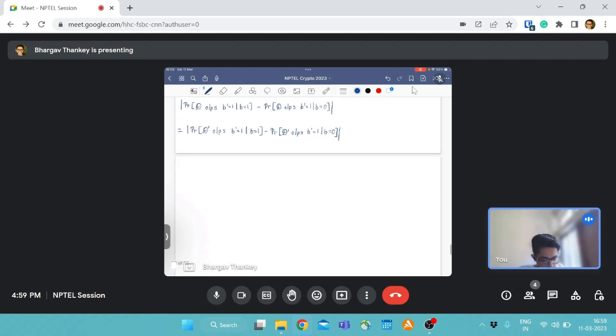Okay, and now what is this probability? Again, as we did in option A, let me write it like this. So for the sake of brevity, I'll skip D prime. So instead of writing probability D prime outputs B prime equals 1 given B equals 1, I'll just write probability B prime equals 1 given B equals 1. This is just to make the notation simple.